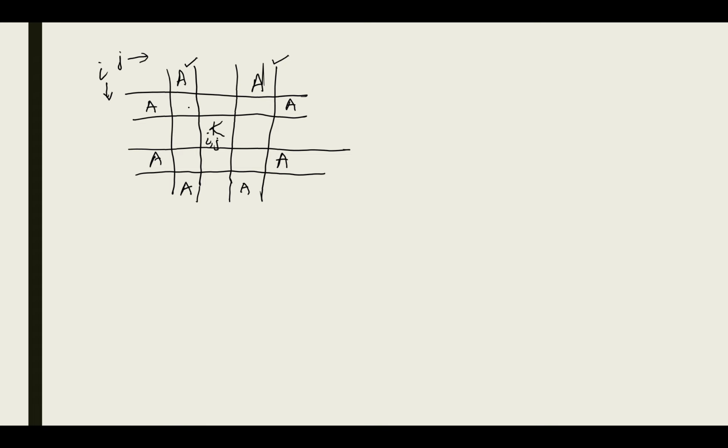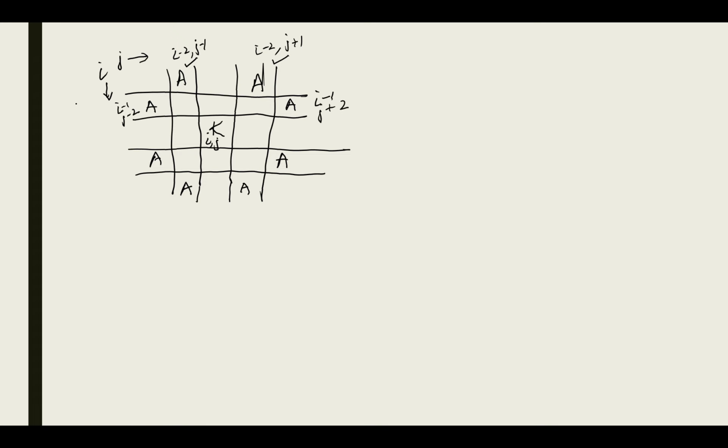Here it is 2 rows above and 1 column behind, so this is i minus 2, j minus 1. Similarly, this is 1 row above and 2 columns behind, so this is i minus 1 and j minus 2. Similarly, this is 2 rows above but 1 column ahead. And for this one, i minus 1, because it is 1 row above and 2 columns ahead.